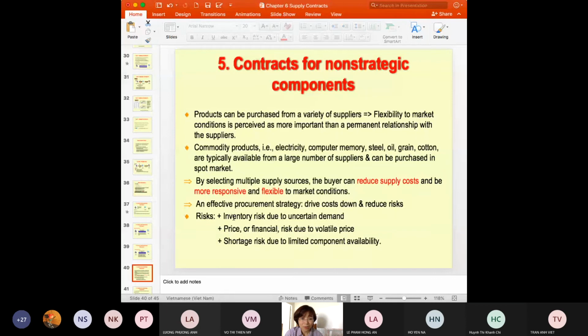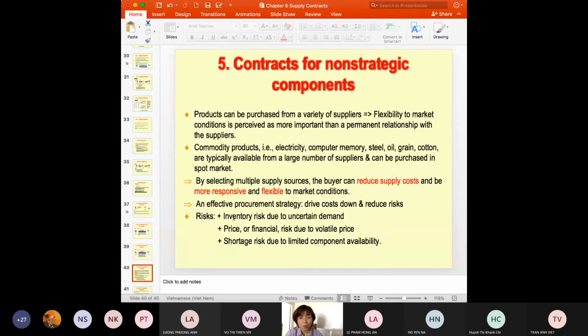So the advantage of this is we can select multi-supplier resources. The buyer can reduce the supply cost, and they will be more responsive and flexible to market conditions.